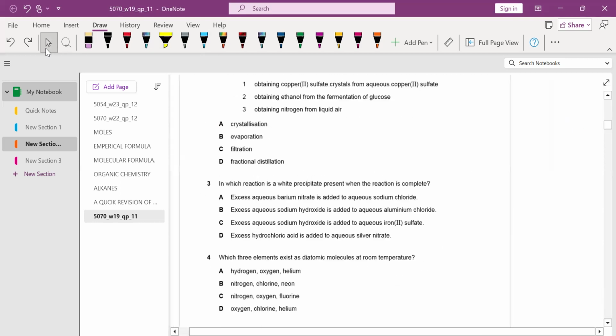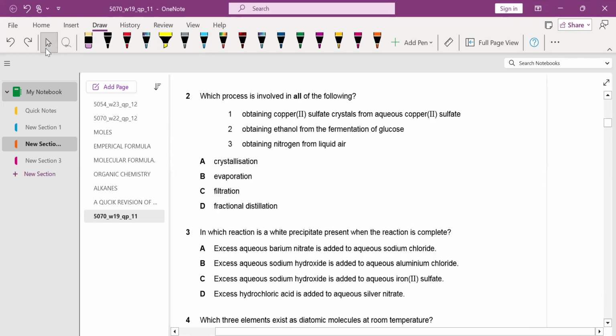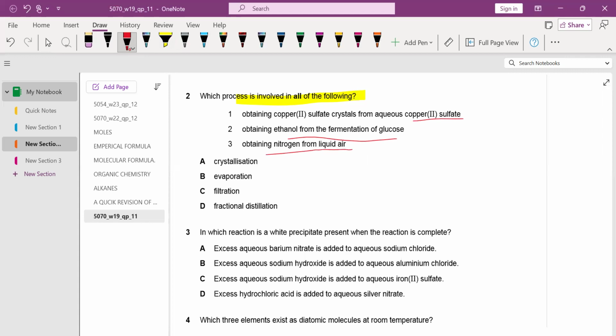Question number 2 says, which process is involved in all of the following? Obtaining copper sulfate crystals from aqueous copper sulfate, obtaining ethanol from fermentation, and obtaining nitrogen from liquefied air.